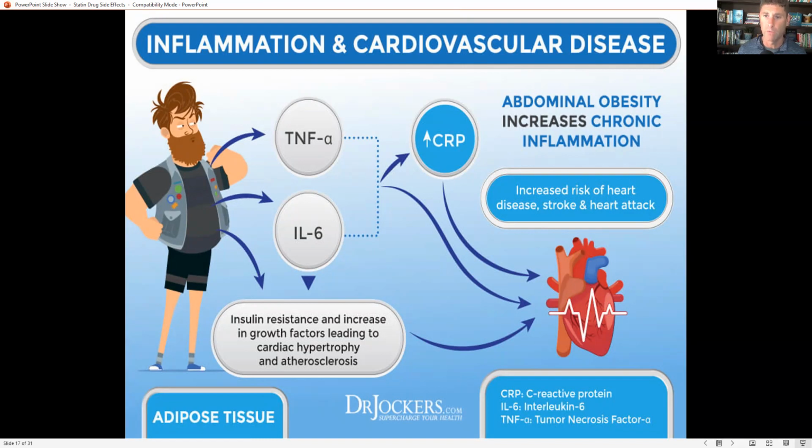We know that a C-reactive protein greater than 2 puts you at much higher risk for heart disease. Ideally, we want it under 1. We want that inflammatory protein under 1 for good cardiovascular health and lower levels of inflammation in the body.